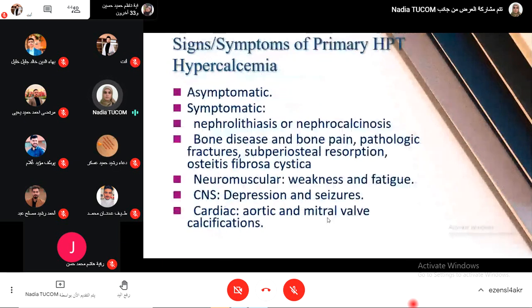Regarding the signs and symptoms of primary hyperparathyroidism, we said the PTH parathyroid hormone is uncontrolled by trophic hormone secretion or stimulation. This is normally stimulated by a decreased level of blood calcium. It can be asymptomatic, an incidental finding.